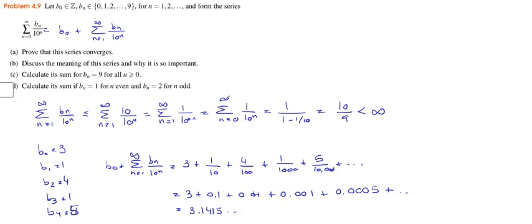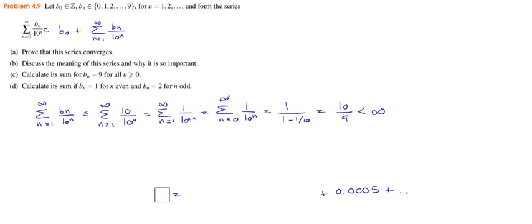Okay, so let's go for part C. Calculate the sum for b sub n equals 9 for all n greater than or equal to 0. So b sub 0 is also 9, right?